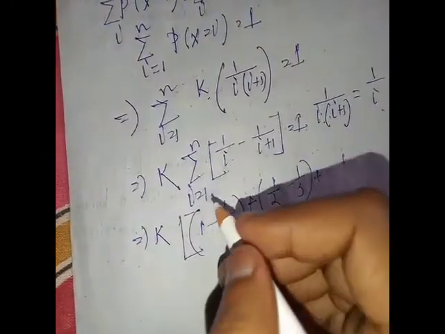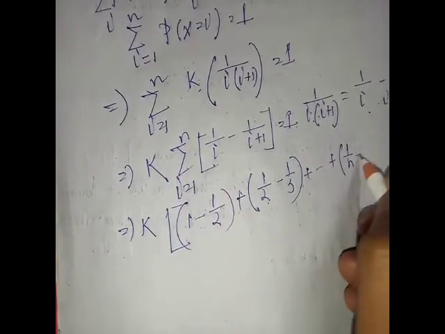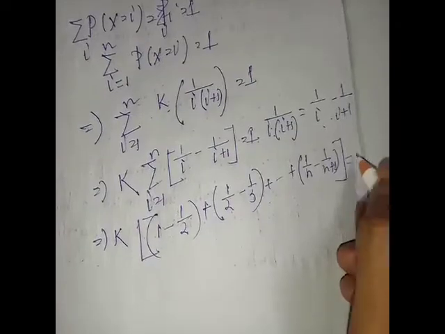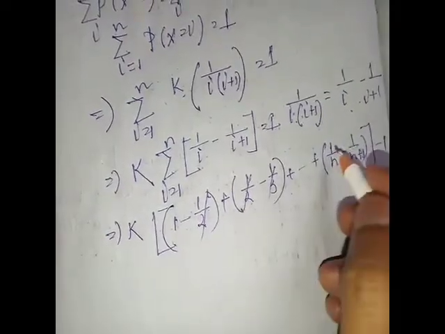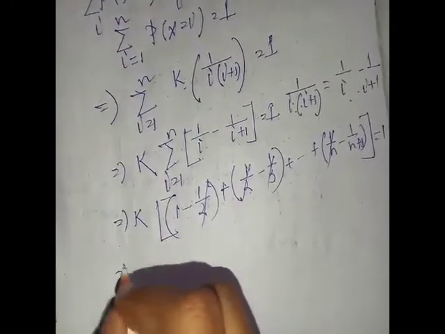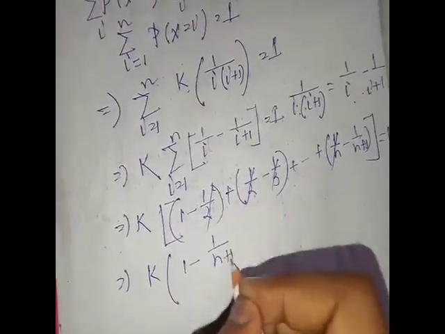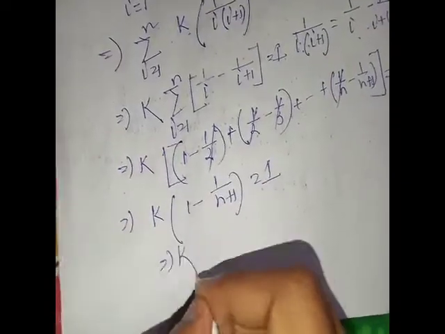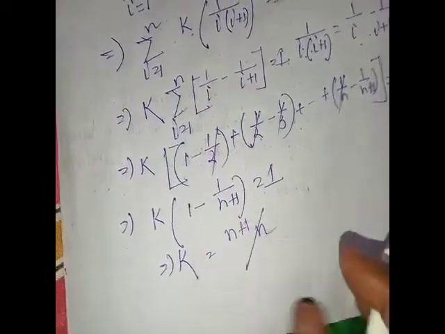If we put i equal to n, then we get 1 by n minus 1 by (n plus 1). Then these terms cancel, so we get k into (1 minus 1 by (n plus 1)) equal to 1. So k equal to (n plus 1) by n.